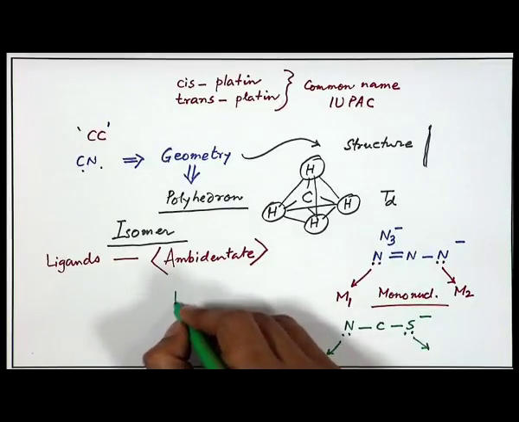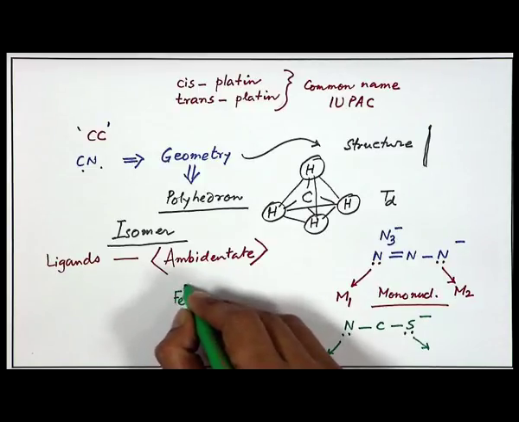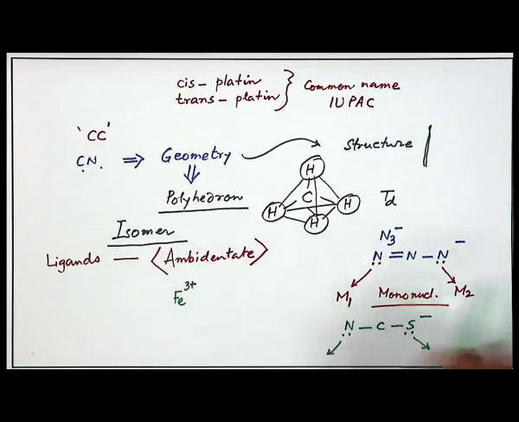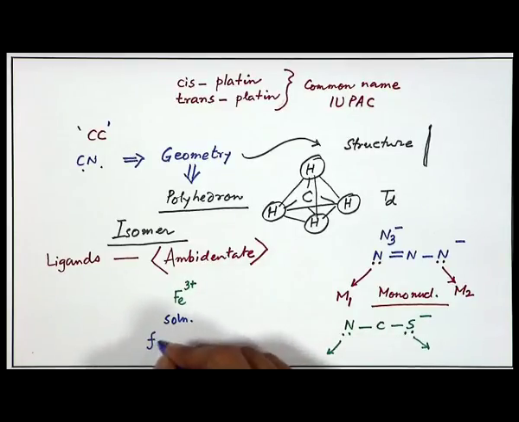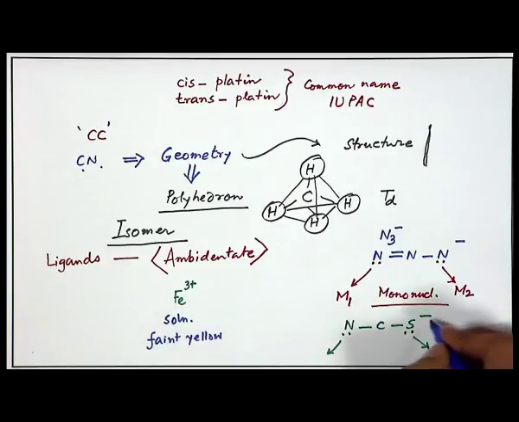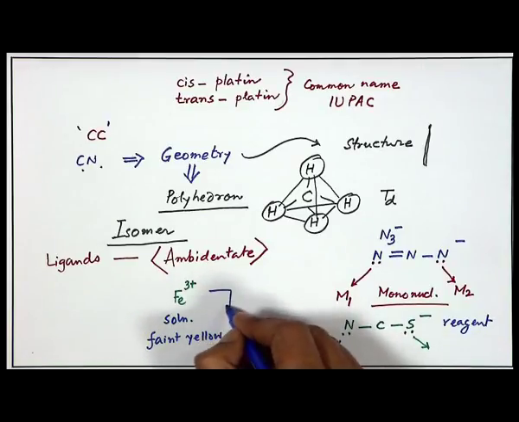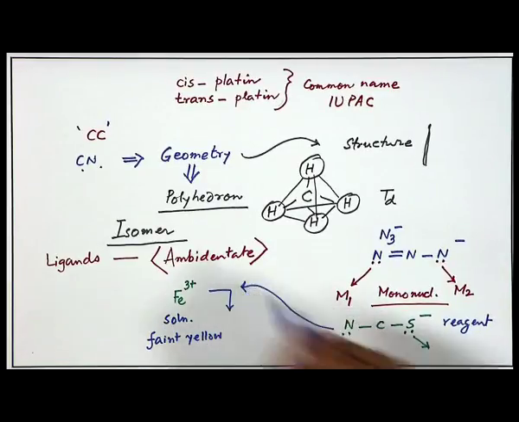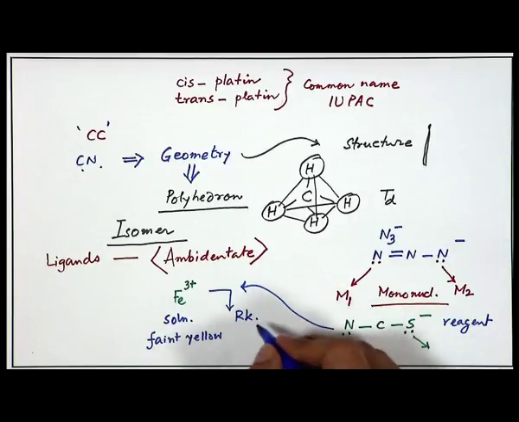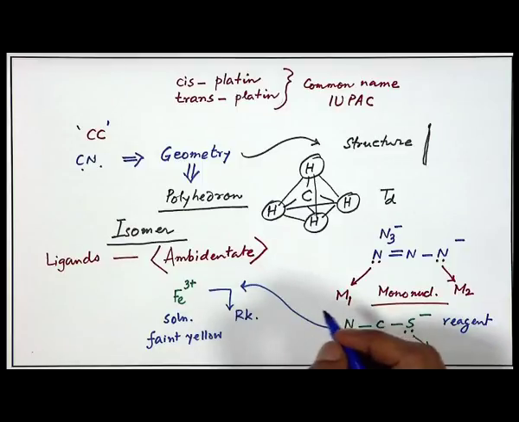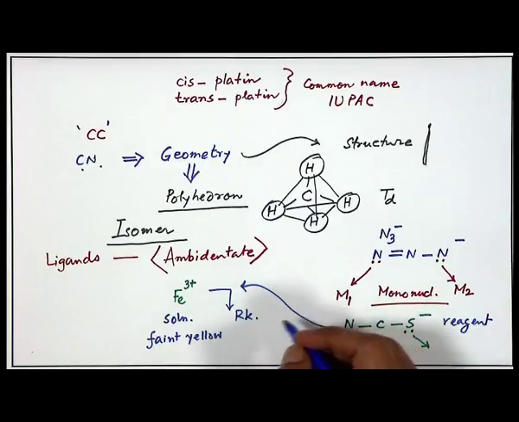The same is also a very good analytical test for identification of ferric ion in aqueous solution, which is faint yellow in color, and this can be our reagent. Addition of this reagent causes a reaction, which shows as a change in color. How you monitor the reaction is very easy within a test tube or any other reaction flask.